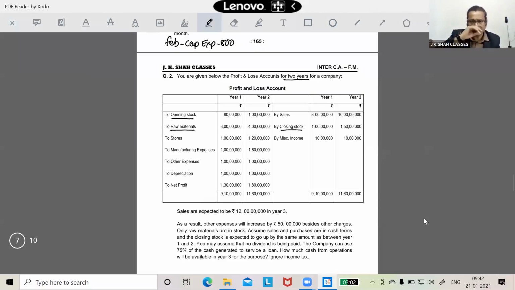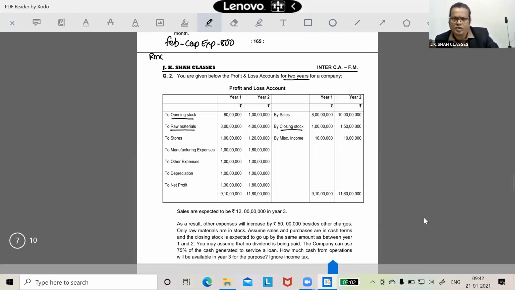You read the question, but then we all know that raw material consumed is equal to what? Opening stock of raw material plus purchase of raw material minus what? Closing stock of raw material.